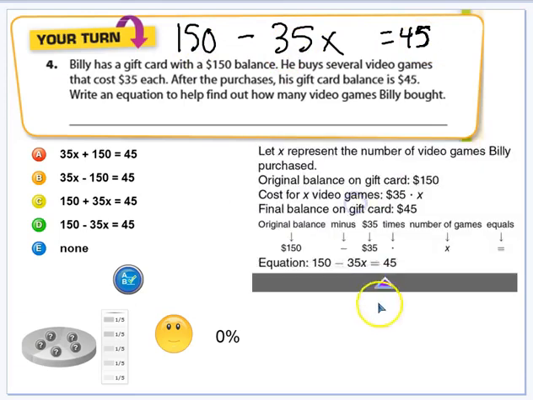All right? Let x represent the number of video games Billy purchased. Original balance on gift card, 150. Cost for x video games, 35 times x, 35x. Final balance on gift card, $45. Original balance minus 35 times number of games equals 45. All right?